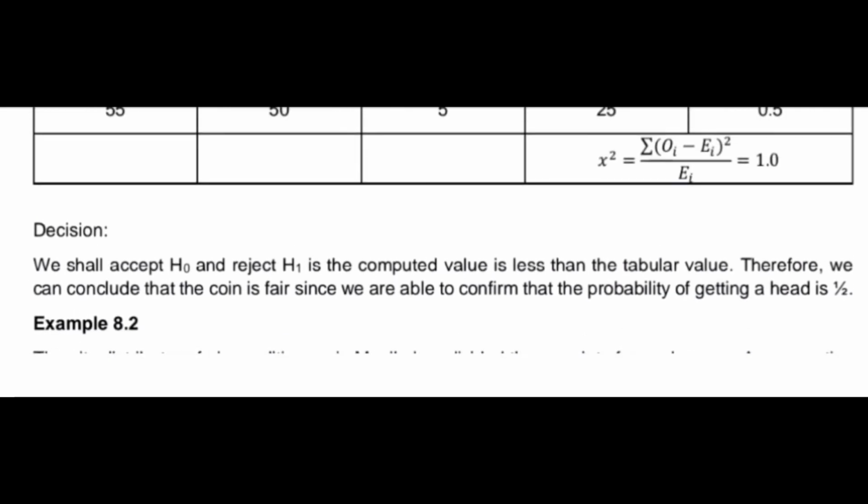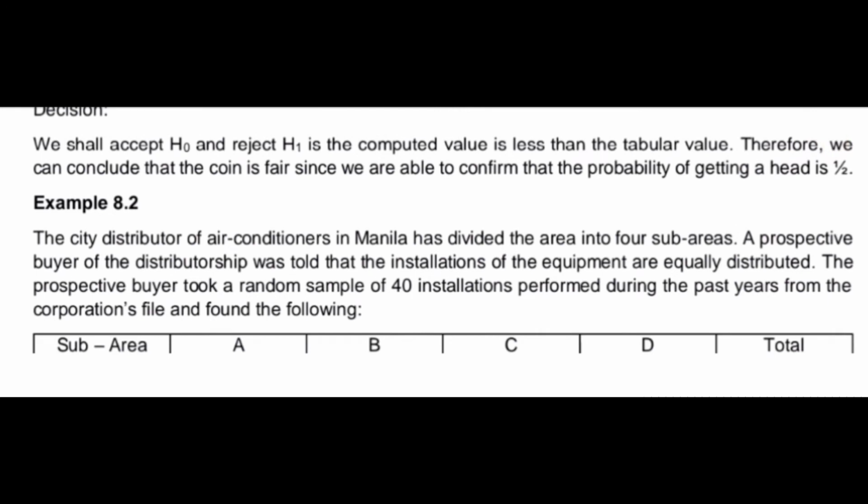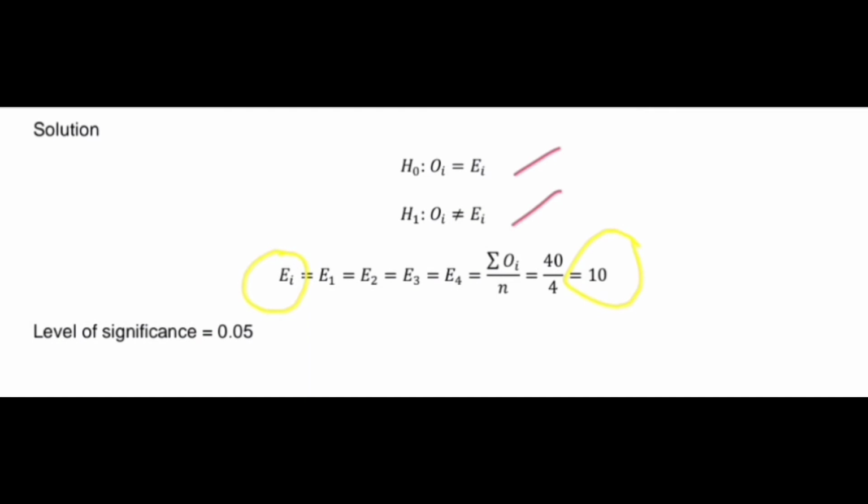We can see here in the problem that the equipment are equally distributed. So it means that the expected frequencies have an equal expected frequency. Expected frequency will be equal to the first expected frequency, the second, the third, and the fourth sub-areas.